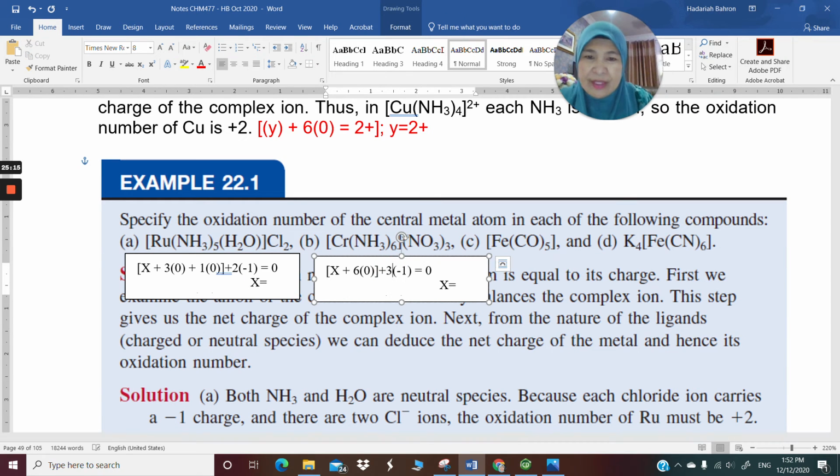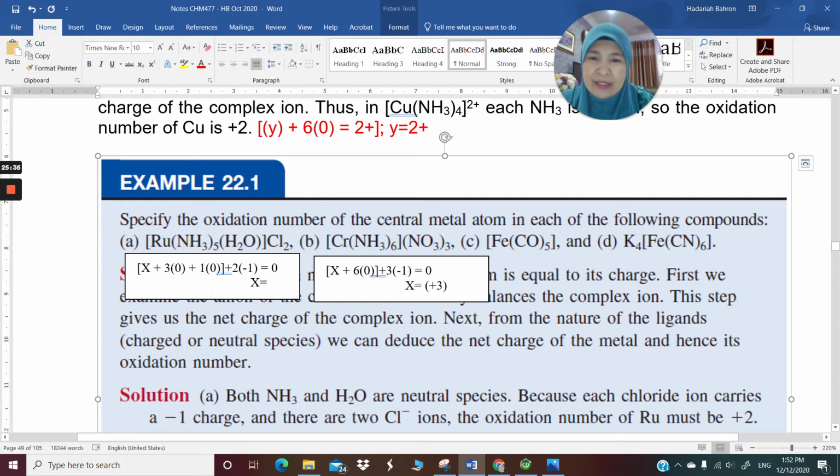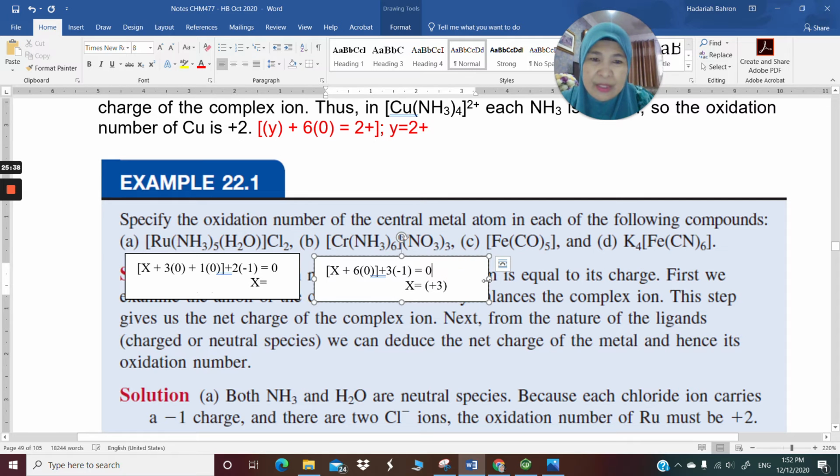Each one of the nitrate has a -1 charge. So X plus 6 times 0 in the complex ion plus 3 times -1 is equal to 0. So in this case, X is equal to plus 3. So your chromium in that example B at the top there is having a charge of plus 3.